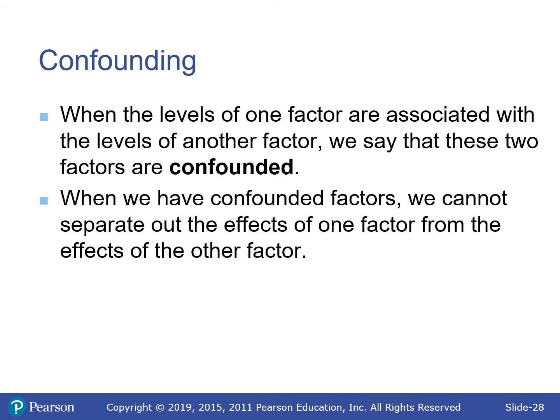So that just means that we don't know which one is necessarily causing the effect. They might both be causing the effect, so it's not one or the other. They're called confounding variables, and we just can't separate out the effects.